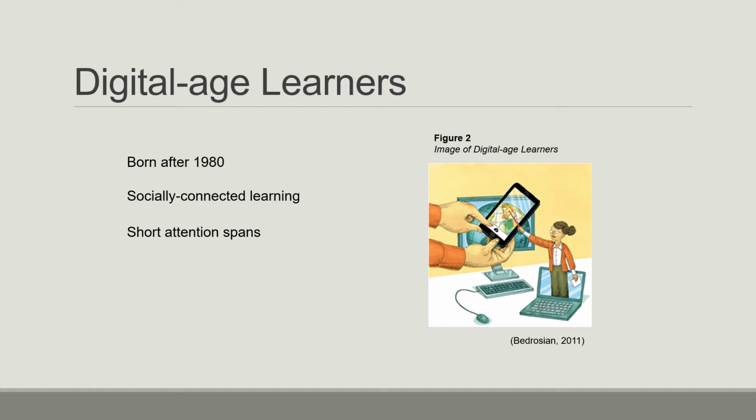So they prefer content to be delivered online in manageable bite-sized pieces. Digital age learners want flexibility and student-centered learning. They also wish to access content when convenient to them and on the device they choose.